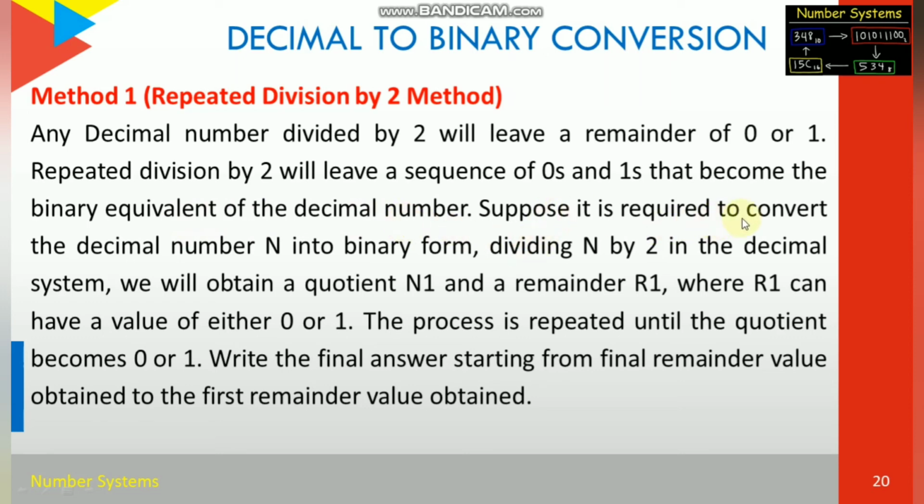Suppose it is required to convert the decimal number n into binary form, divide n by 2 in the decimal number system. We will obtain a quotient called n1 and remainder called r1, where r1 can have a value of either 0 or 1.